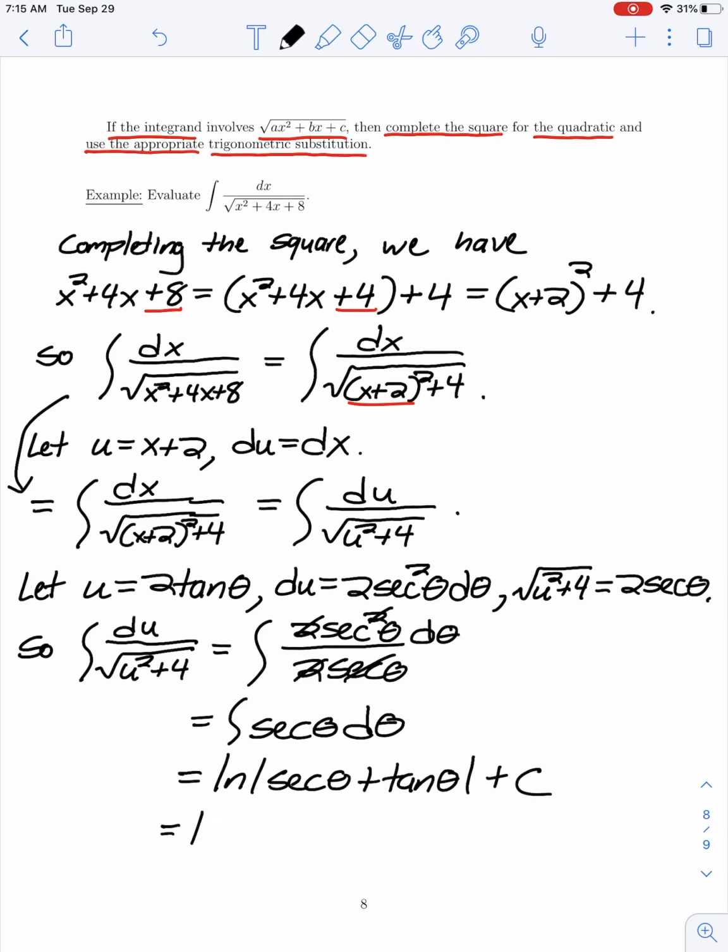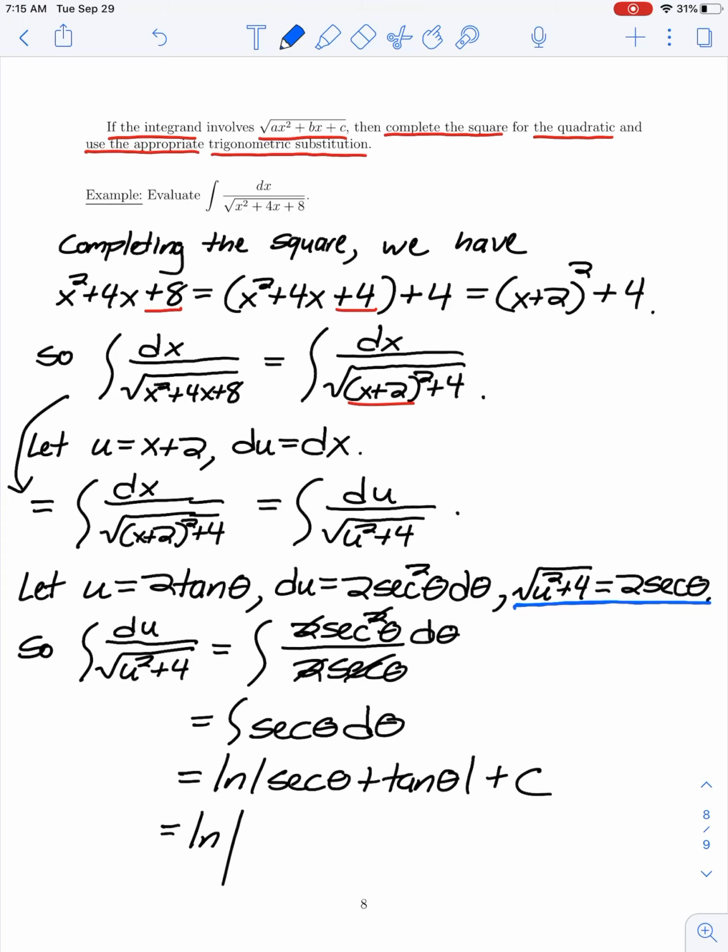Now, going from something involving theta back to our variable u, let's take a look at how we could do it. We have the natural log of absolute value secant theta, and looking back at my earlier work when I made this trig substitution, I see I have this equation involving secant theta.